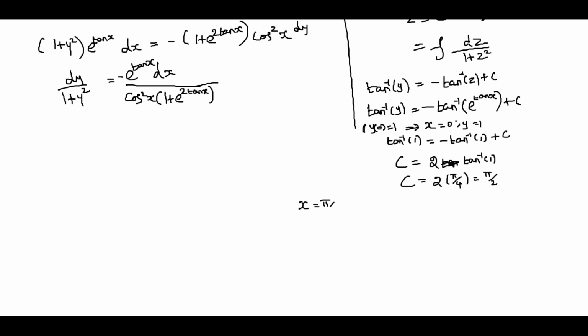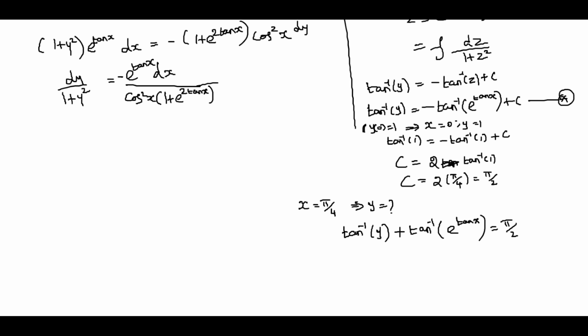x equal to pi by 4 means what is y? So just substitute the value in the star equation, substitute value of c. So tan inverse of y plus tan inverse of e power tan x equal to pi by 2.